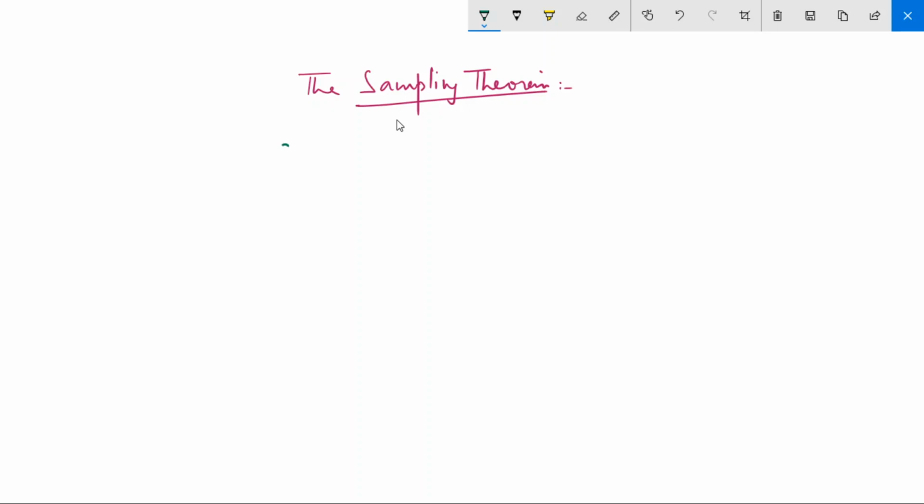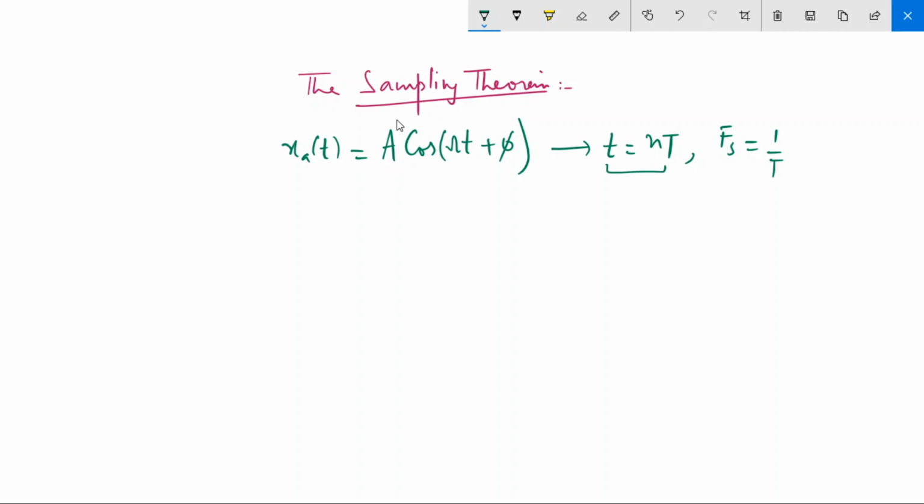So if we have an analog sinusoidal signal or a continuous time signal, A cos(omega t plus phi), sampling of this signal simply means that we have replaced this t with n into capital T, where n is an integer and T is your sampling time, or in terms of sampling frequency, it is 1 by T. So by replacing the small t with n capital T, you get a discrete signal which is A cos(omega n T plus phi).